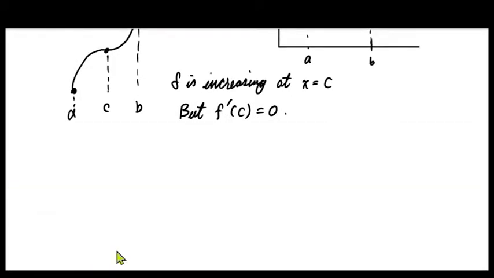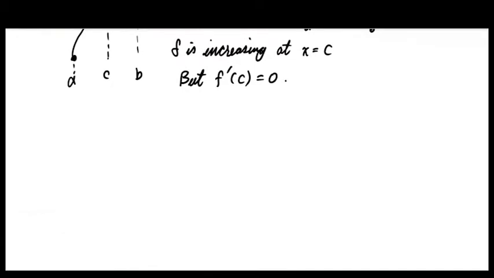Okay, let's think about this case then. Suppose we have this. So this point is A, like before, this point is B, and let's say that point is C, right?